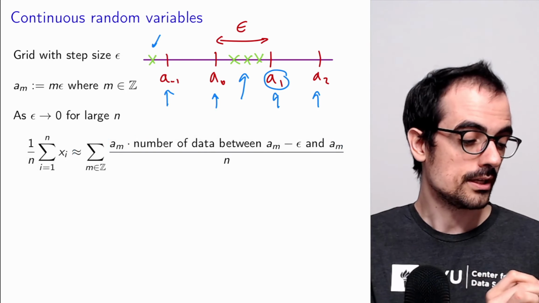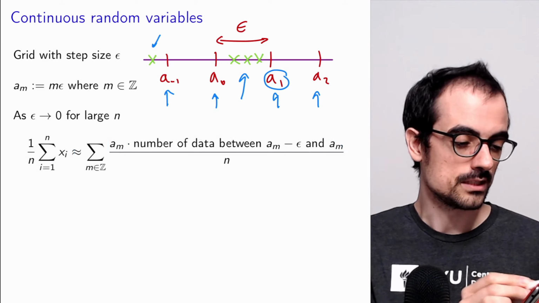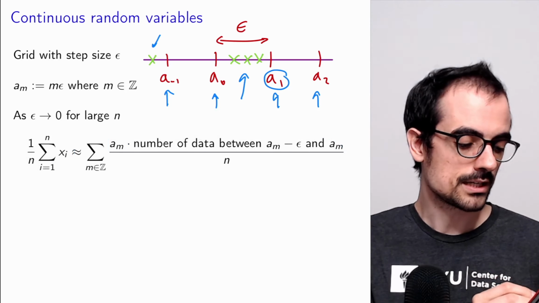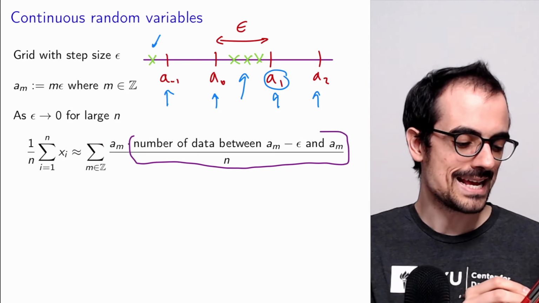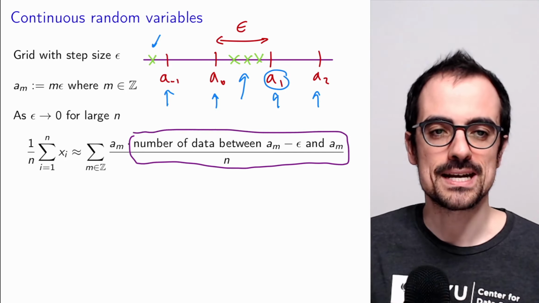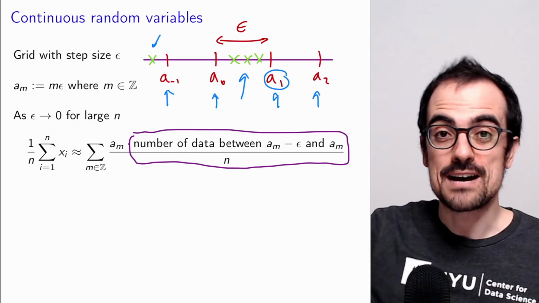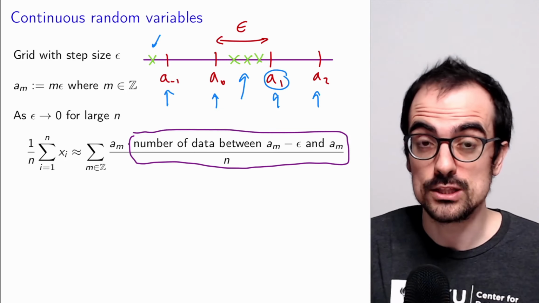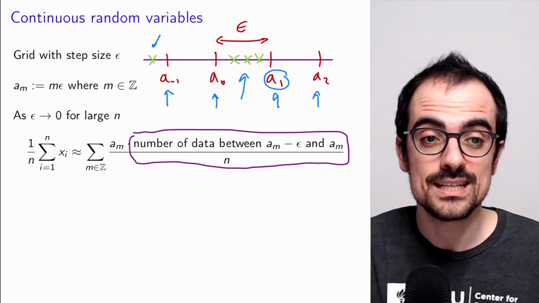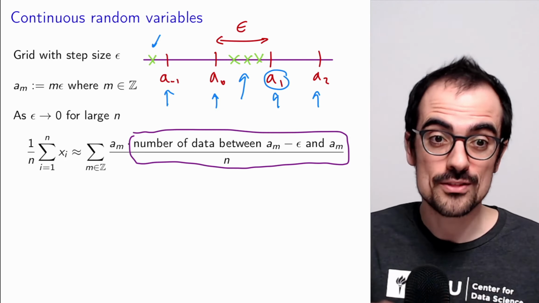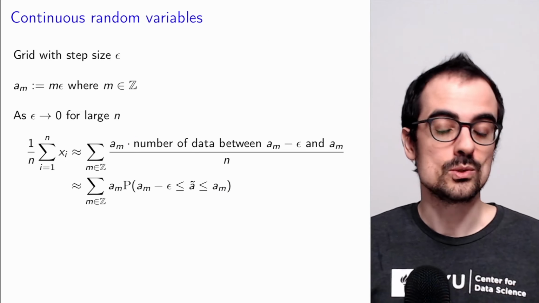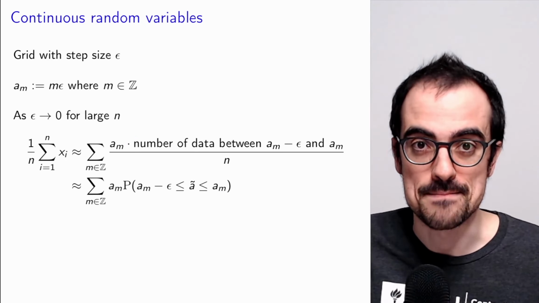This expression includes a fraction that is very useful to us. It's the fraction of data points that end up between AM minus epsilon and AM. When we have many samples, by our intuitive definition of probability, that's the probability that the random variable ends up between AM minus epsilon and AM.